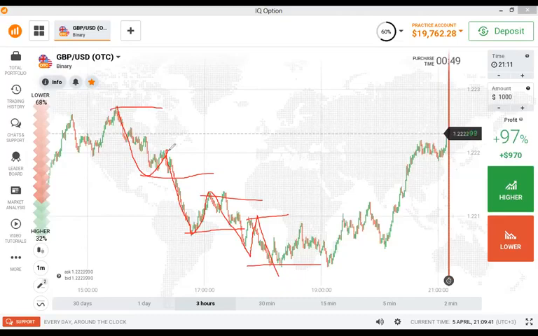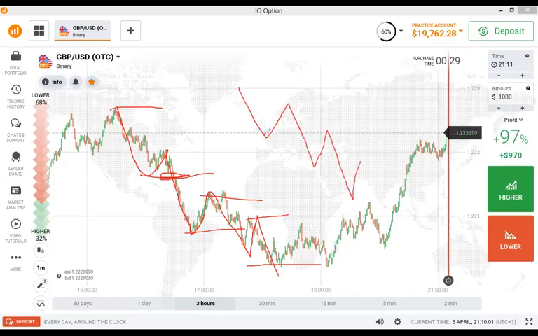So any candle, any continuation sign that you see here, after an impulsive or retracement move. A retracement move is the candle that goes against the trend. If you see a downtrend like this, all these are retracement moves. This one also is a retracement move, and this one also.